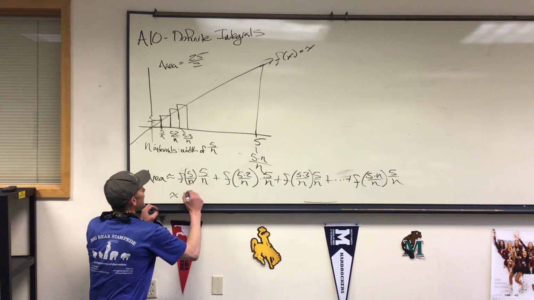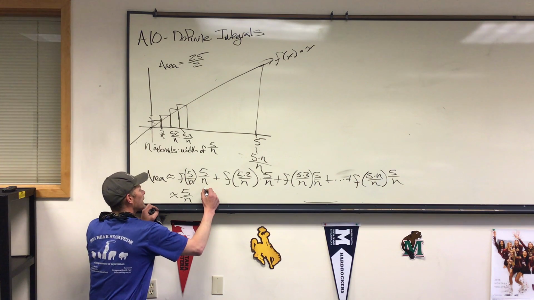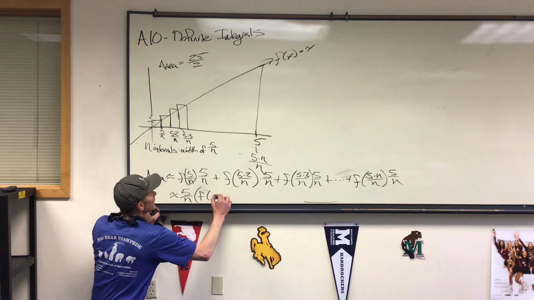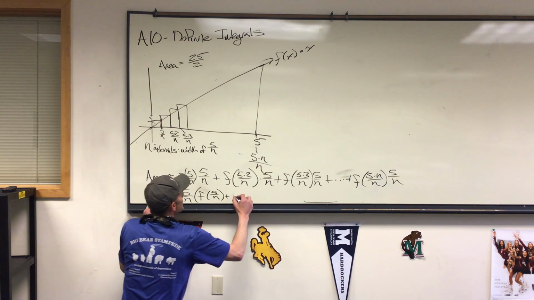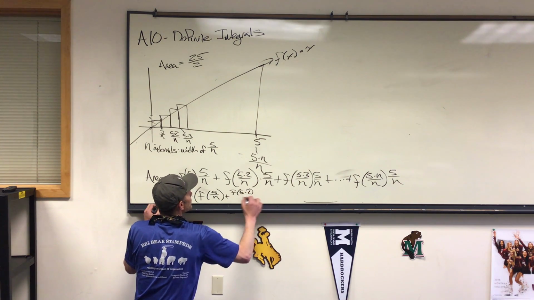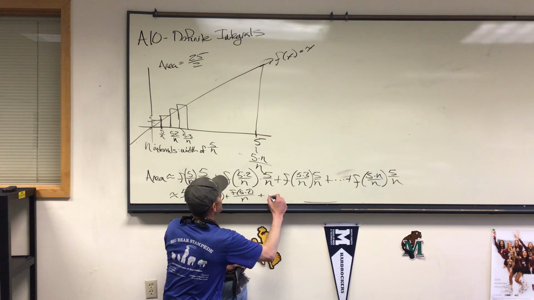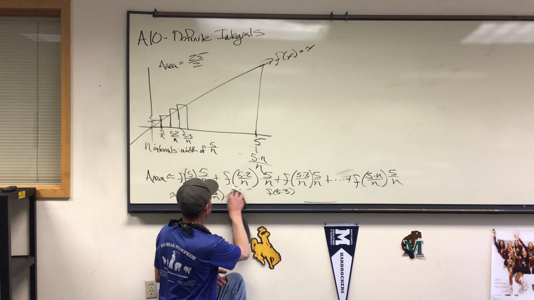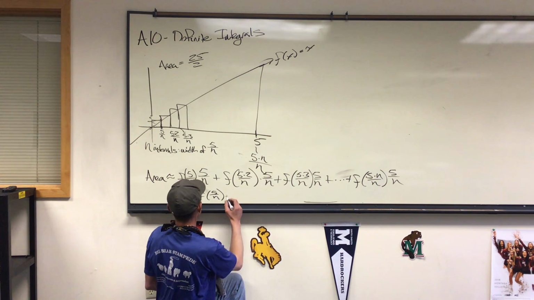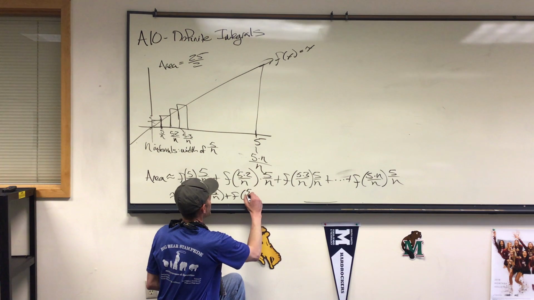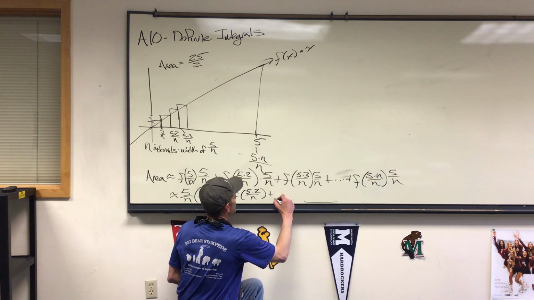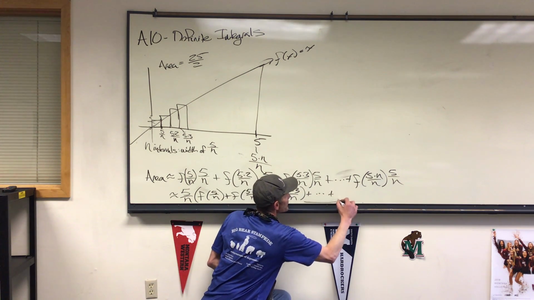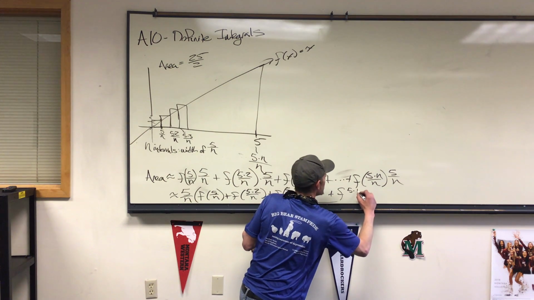The area is approximately 5 over n times, I'm jumping ahead of myself here, f of 5 over n plus f of 5 times 2 over n plus f of 5 times 3 over n plus ... plus f of 5 times n over n.